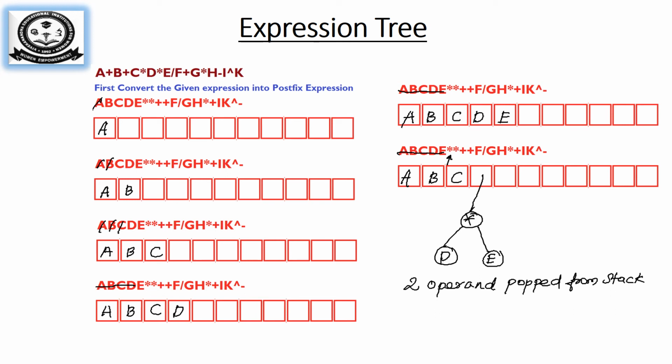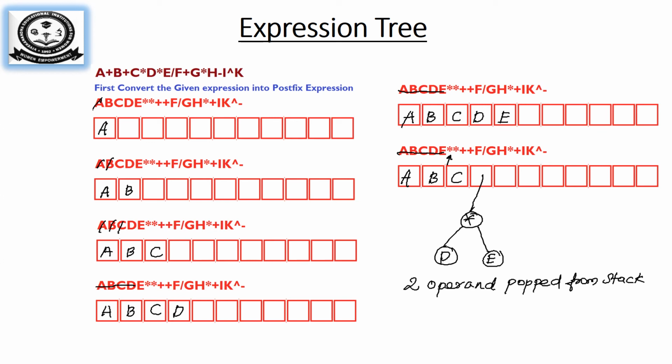When you encounter the first asterisk, that is multiplication, we will pop two symbols from the stack. The first popped out symbol will be E, so E will become the right child of star and D will become the left child of star, and the pointer for this subtree will be pushed into the stack again.